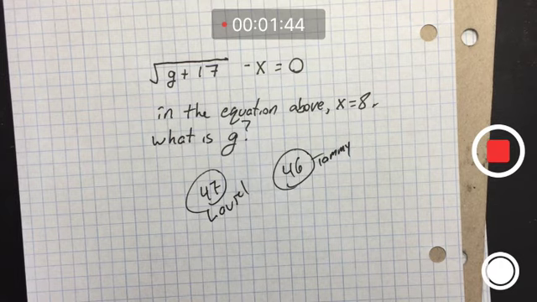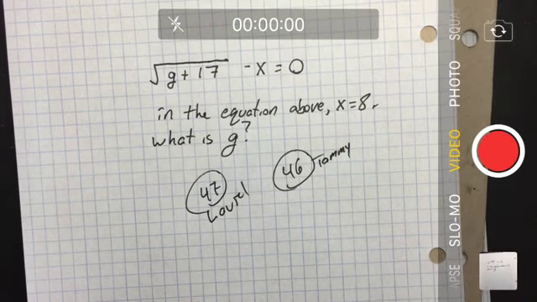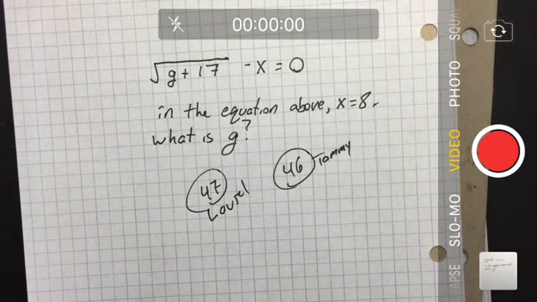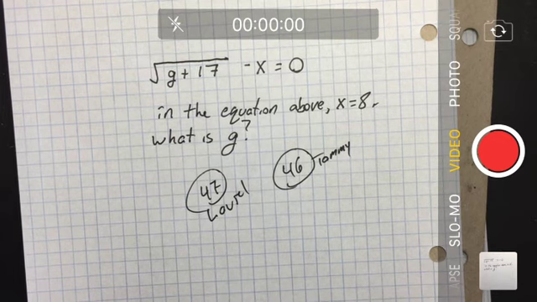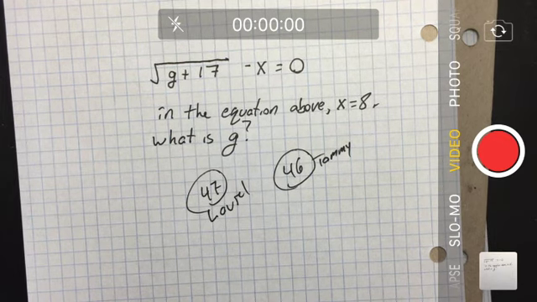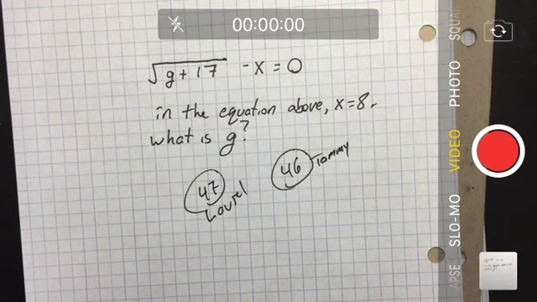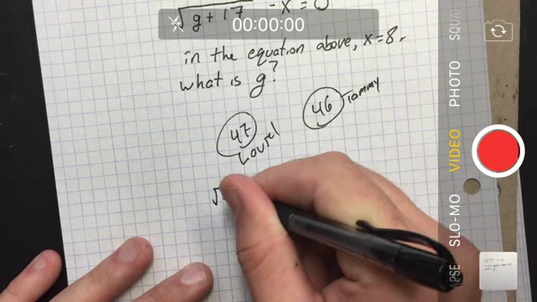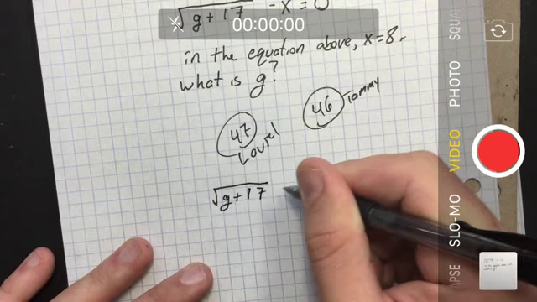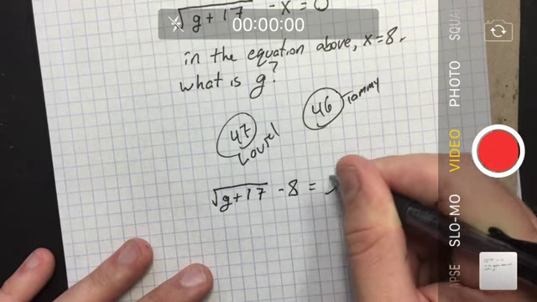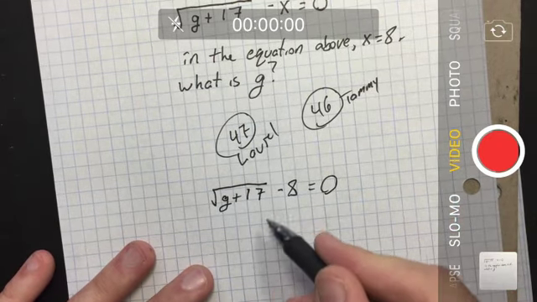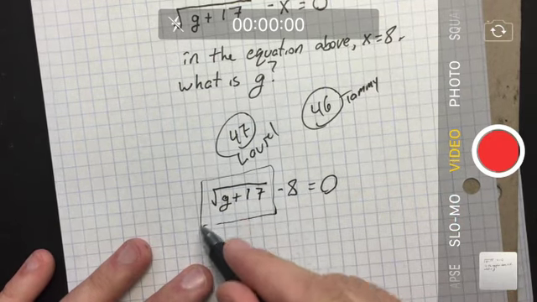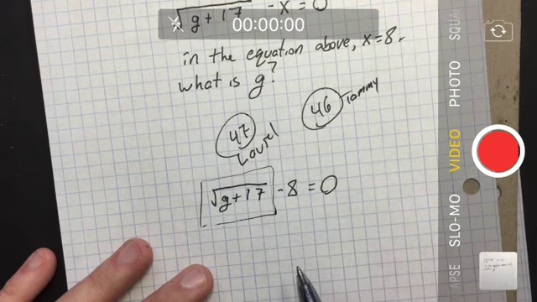Okay, let's go over this. For the people in the chat who are still a little confused, one thing to think about is, are you at the very least writing the equation and plugging in the information that you know? Looking at this problem, if I plug in what I know for x, it becomes a lot more revealing. Whatever this value is, when we subtract 8 from it, it has to be 0.